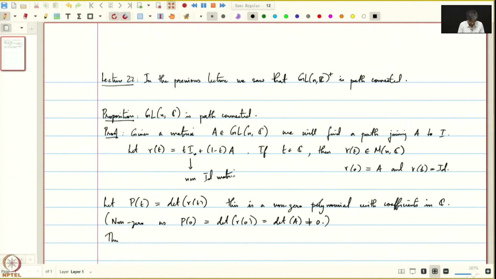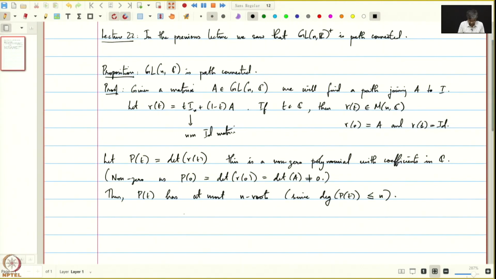So, thus P(t) has at most finitely many roots, at most n roots, right, since the degree of P(t) is less than or equal to n.